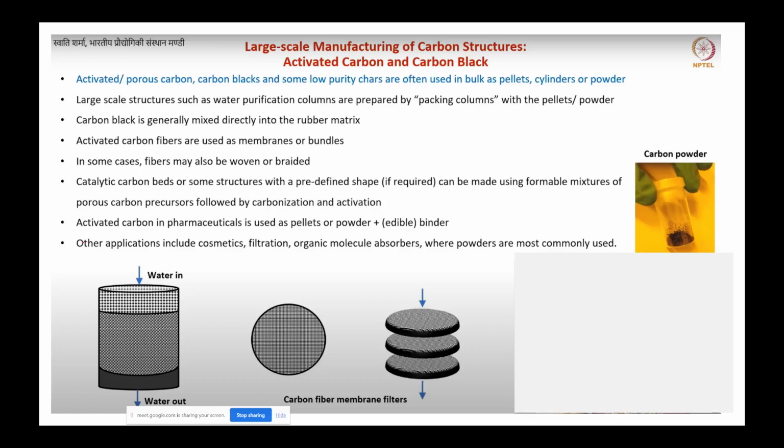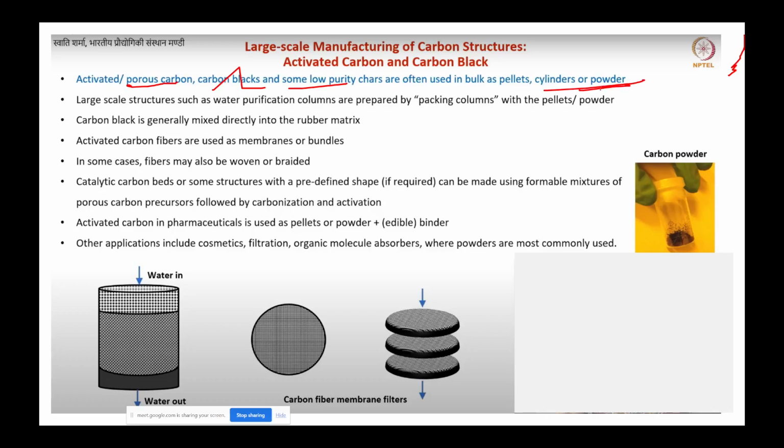Now, if you have activated carbon and carbon black, then what will you do? Suppose activated, that is your porous carbon also. So here is your porous carbon and the carbon black, and some low purity carbons are often used in bulk as pellets, cylinders, or powder. Okay, so here also you will be using these things as a powder.